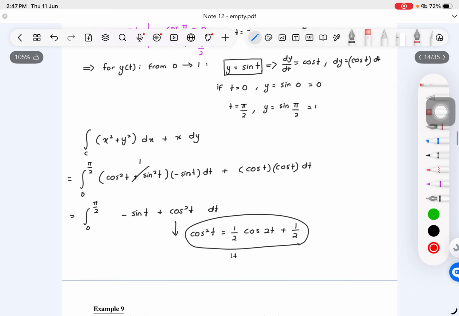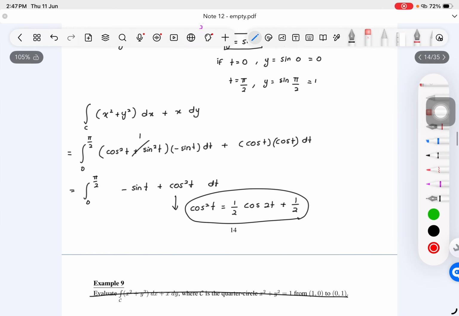Okay, so integrate this one from 0 to pi over 2. You need to integrate this equation, negative sin t plus cos squared t dt. To integrate cos squared t, you need to use trigonometry identities.